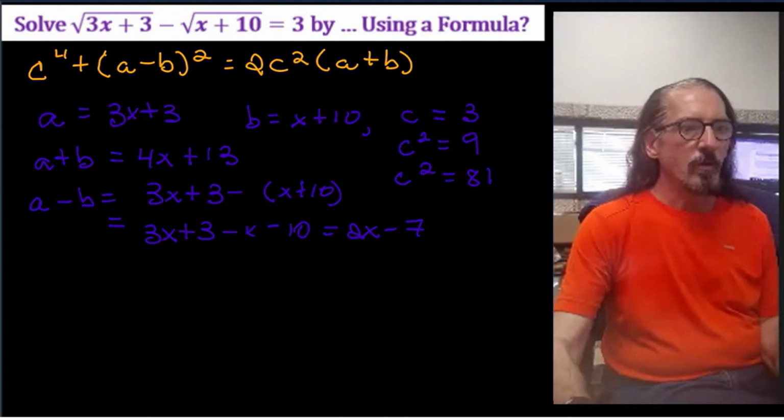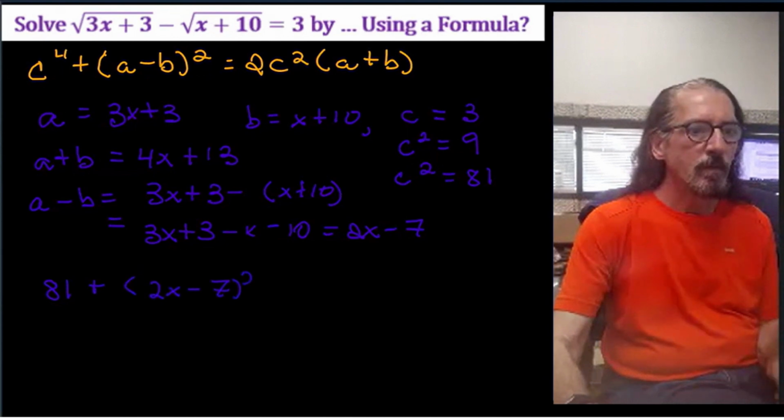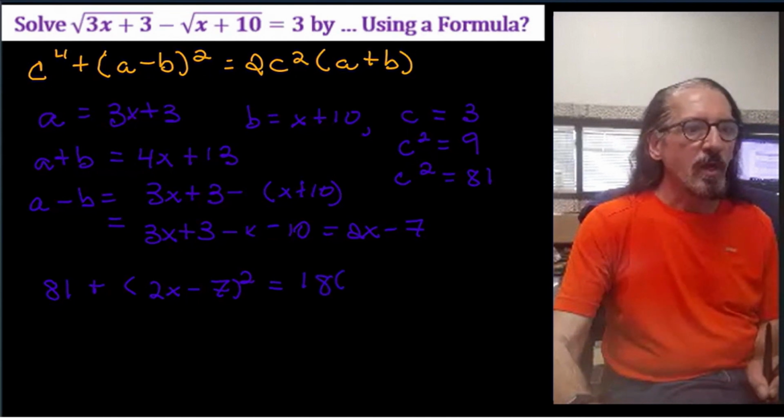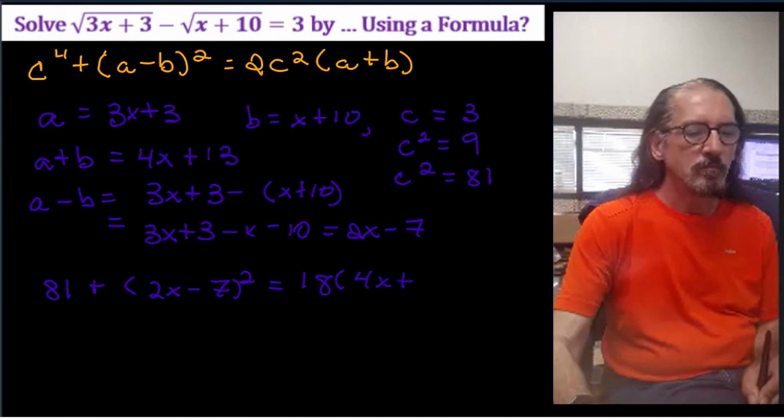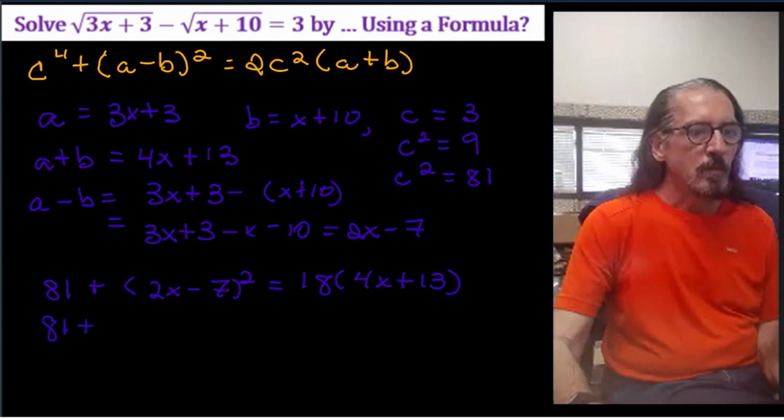All right, so we are looking then at 81 plus 2x minus 7 quantity squared equals 2 times c squared. That's going to be 18. A plus b, we had that was 4x plus 13. Squaring the 2x minus 7.